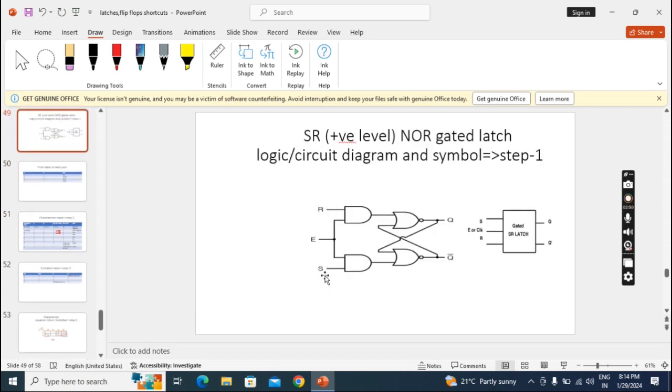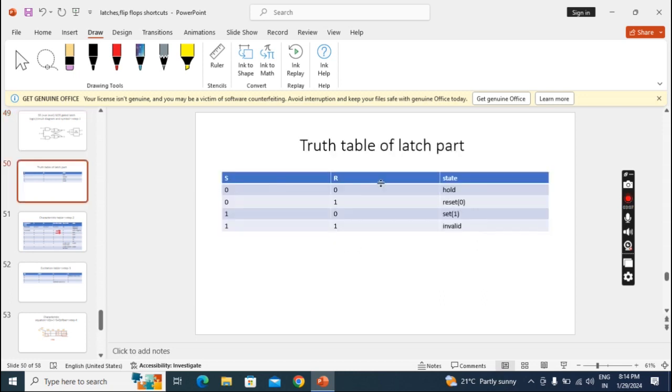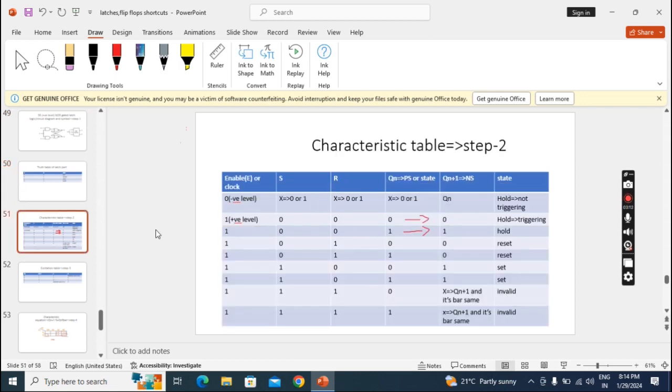I am applying 0 0 and this is 1. If any input is 0, the AND gate output becomes 0, and here also the output becomes 0. So 0 0 is going to the NOR latch. When 0 0 goes in, the NOR latch will hold. The same thing happens as we got with the gated NAND latch with positive level. There is no other difference.